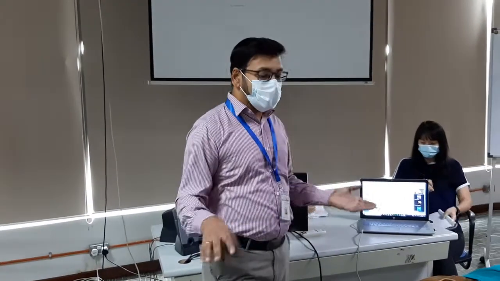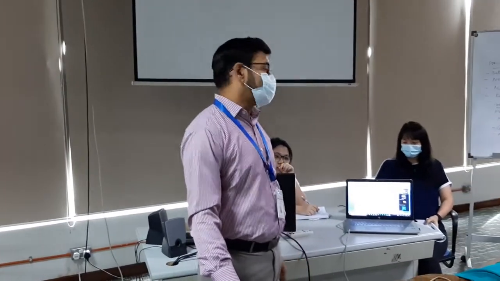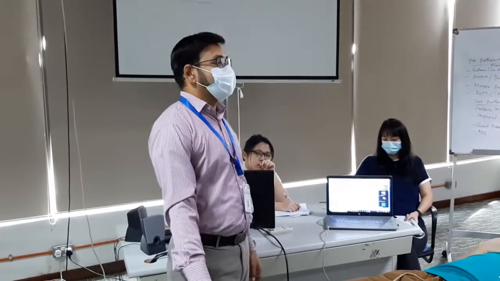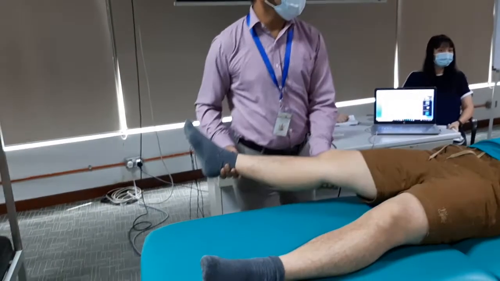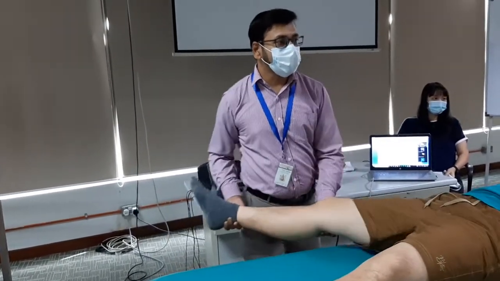If the muscle is moving freely, flaccidity, then I can confirm that he is still in the stage of spinal shock. Grade 1 is a slight increase in the muscle tone manifested by a catch and release, or by minimal resistance at the end of the range of motion. So which is the end of the range of motion? This is the end of the range of motion. There is a minimal catch at the end of the range of motion.